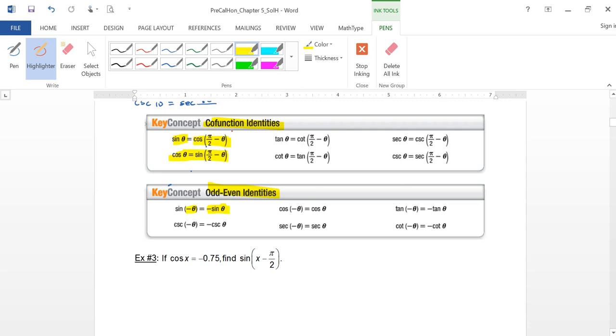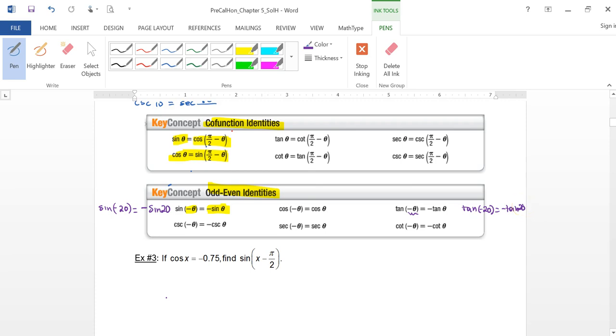For example, sine of negative 20 is the same as negative sine 20. Same thing with the tangent. Tangent of negative 20 is the same as negative tangent 20.